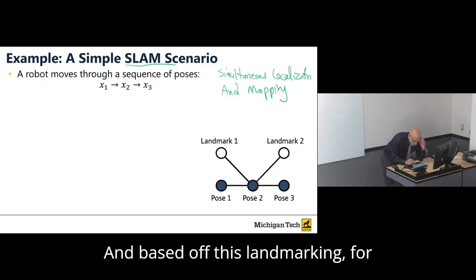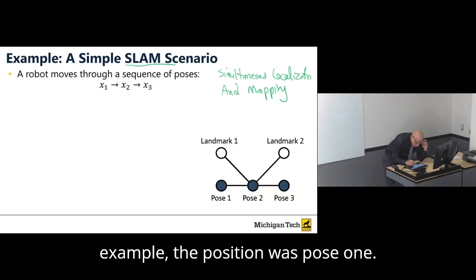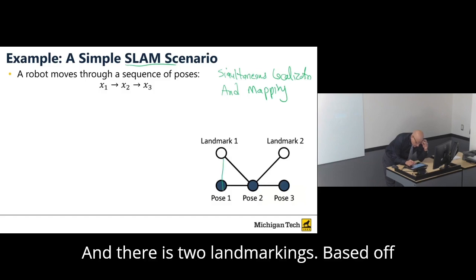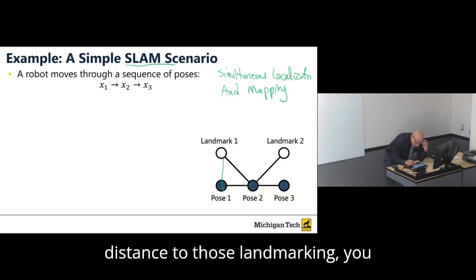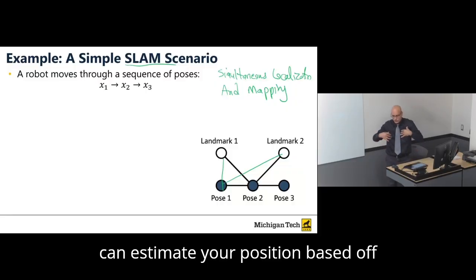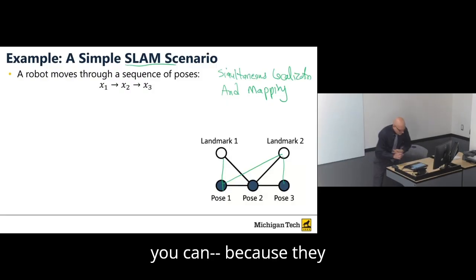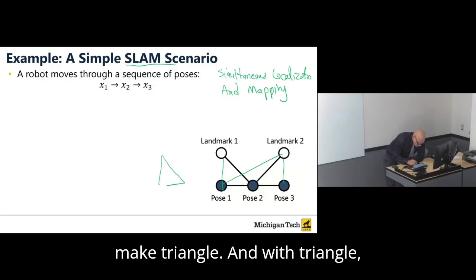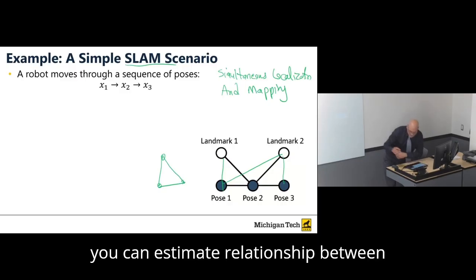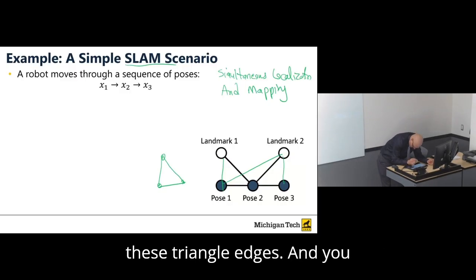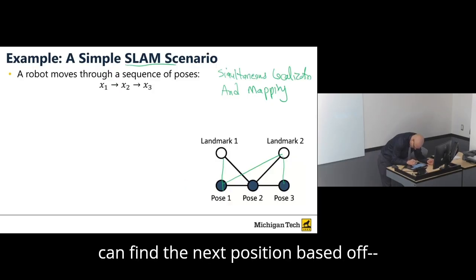Based on these landmarks, for example, the position was pose 1, and there are 2 landmarks. Based on the distance to those landmarks, you can estimate your position, because they make a triangle. With the triangle, you can estimate the relationship between the triangle edges and find the next position.